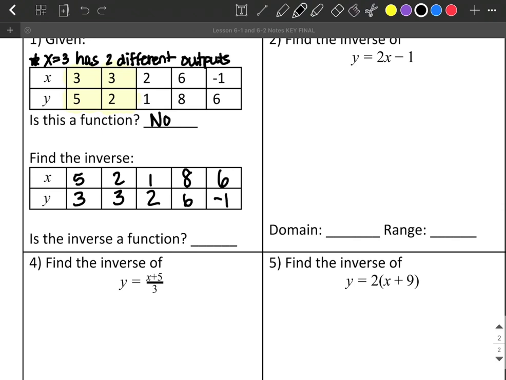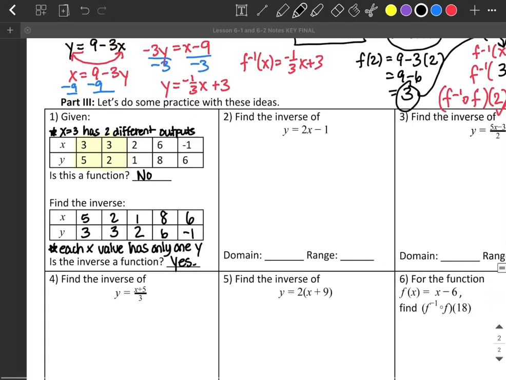I have 5, 2, 1, 8, 6. I don't even have a repeating x value. So based solely on this table, each x value has only one y value. So I know that, yes, this is a function.